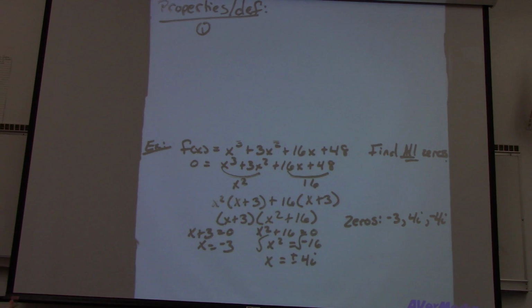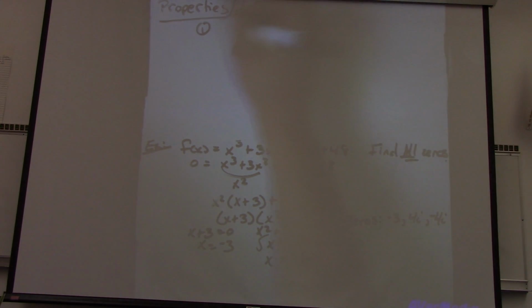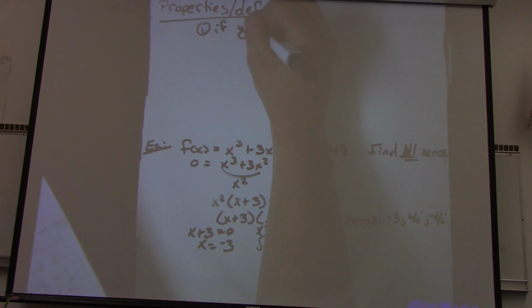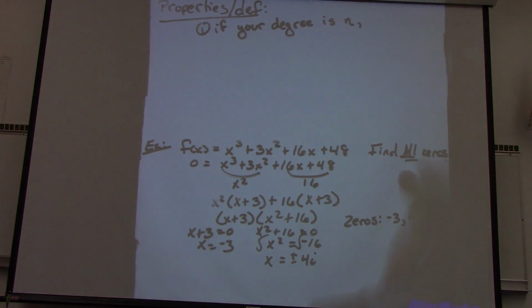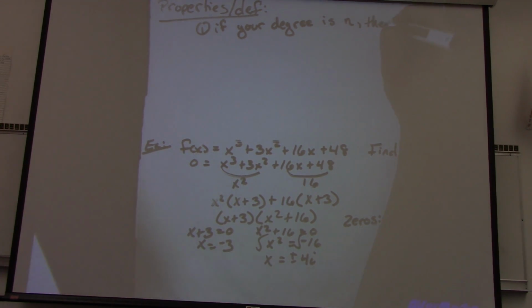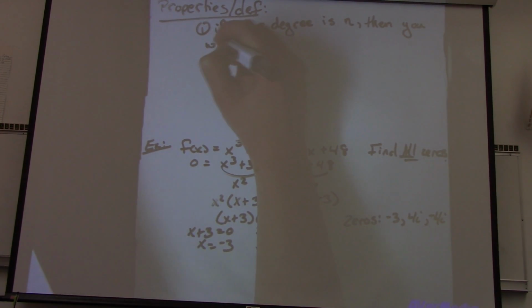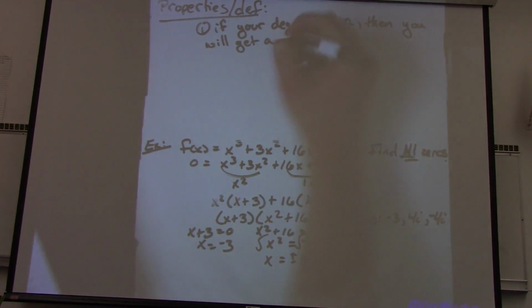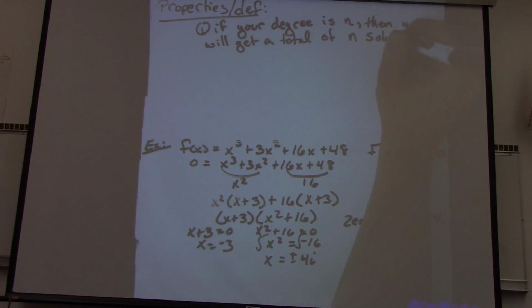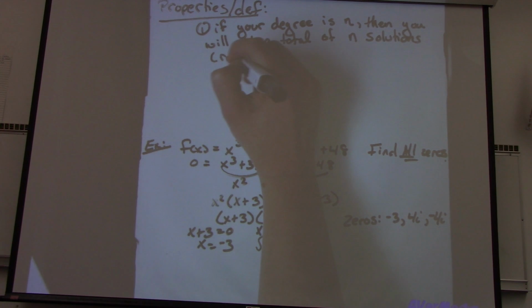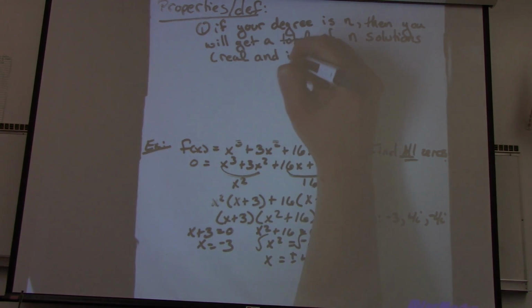The first property that they start to address once we start talking about this fundamental theorem of algebra is that if your degree is n, so again, the degree here would be 3, because that's the highest exponent. So if your degree is n, then you will get a total of n solutions, as long as you're talking about real and imaginary.